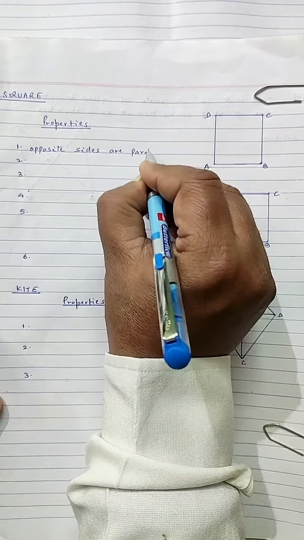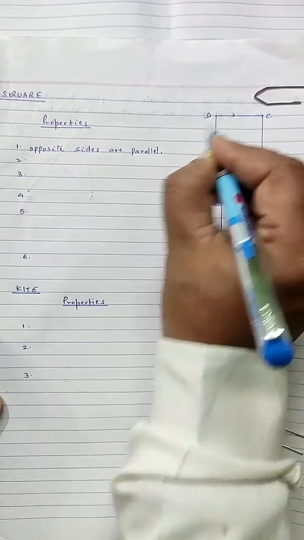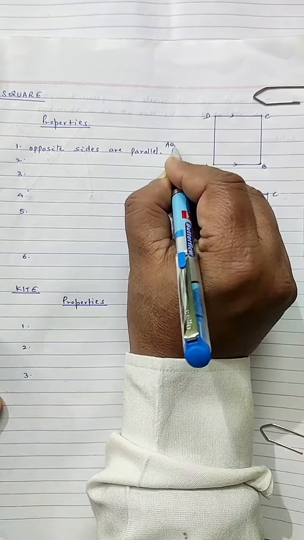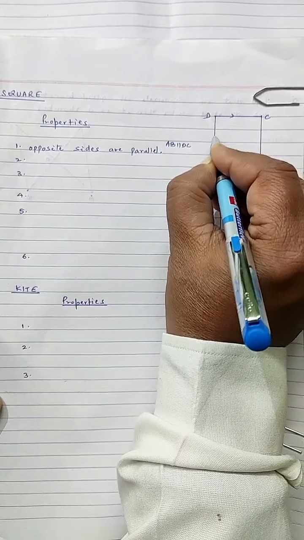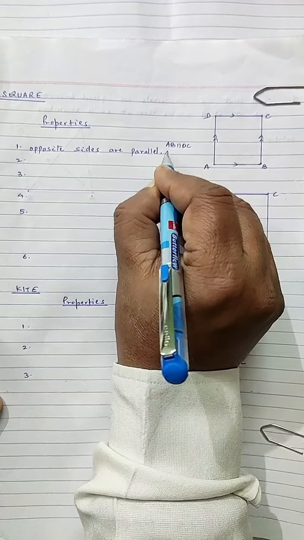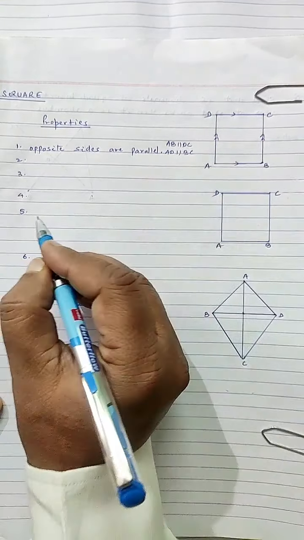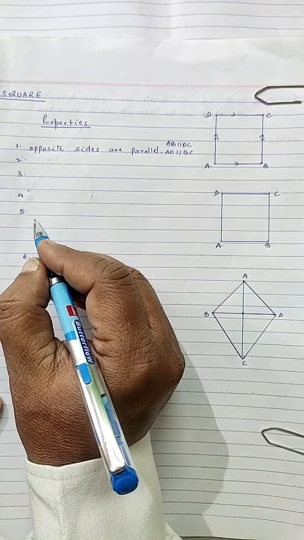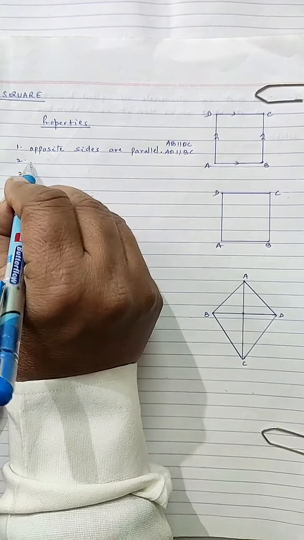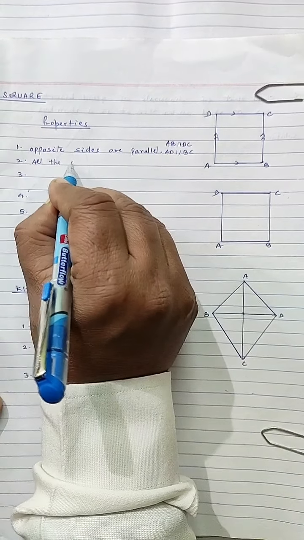Same property. AB and DC are parallel and AD and BC are also parallel.